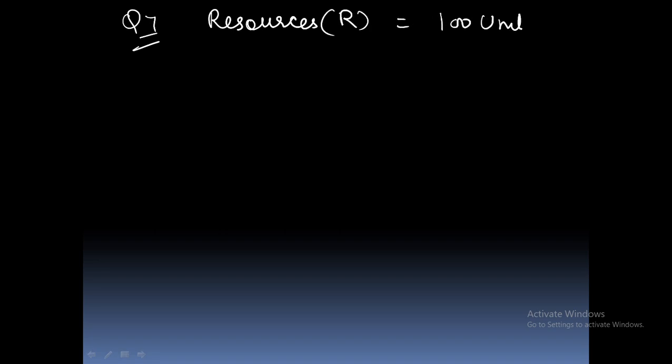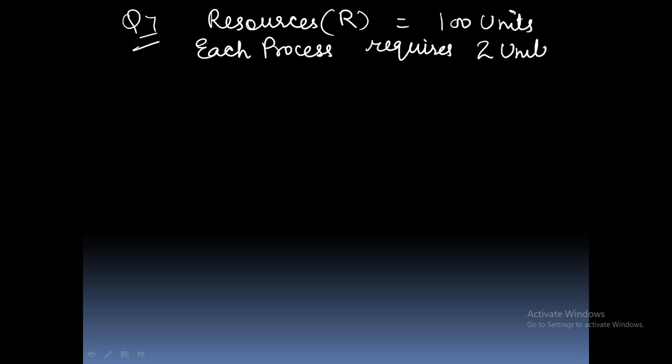Now, next question. In question number 7, we are given 100 units of resources in the system, and each process in the system requires 2 units of resource.